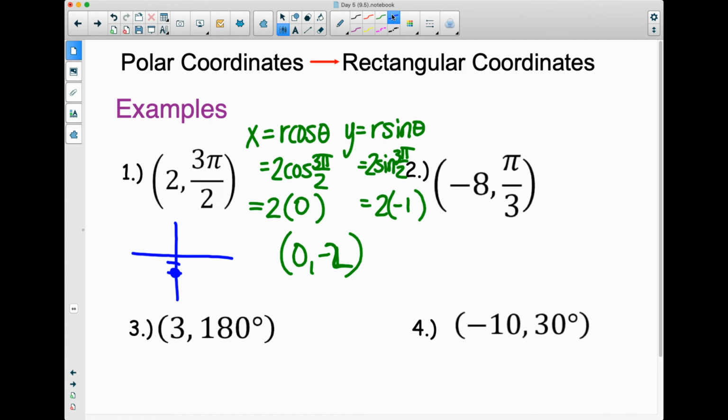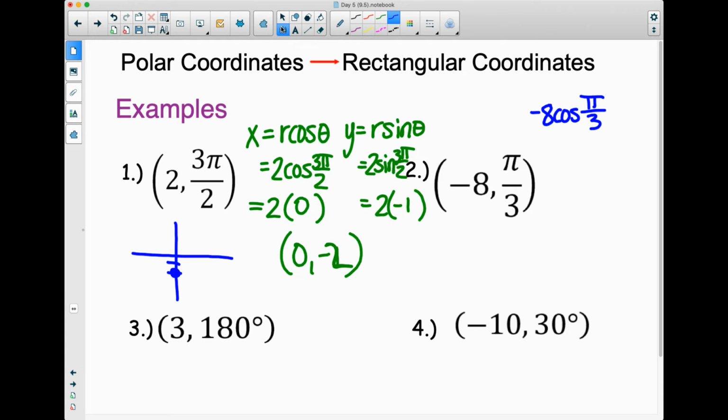All right, negative 8 pi over 3. So r cosine pi over 3. What's cosine at pi over 3?